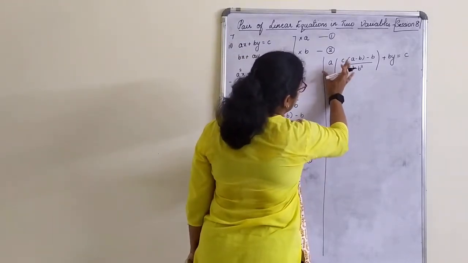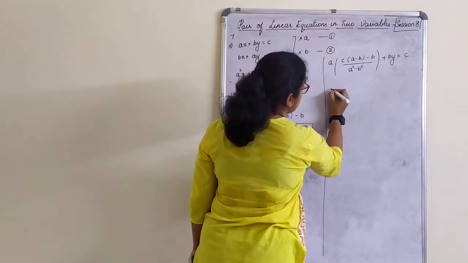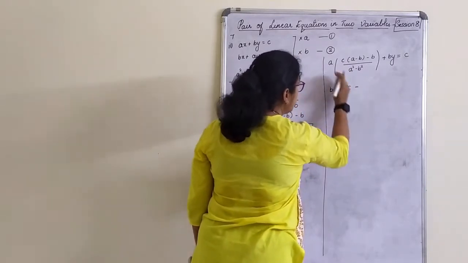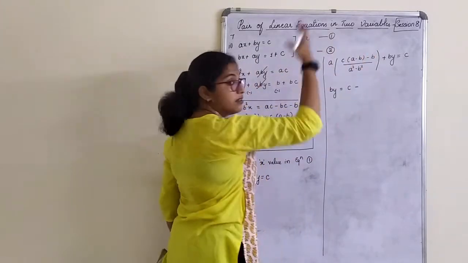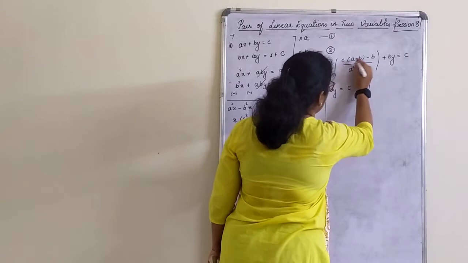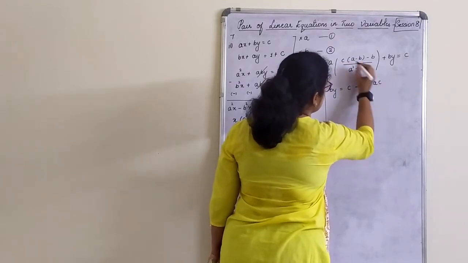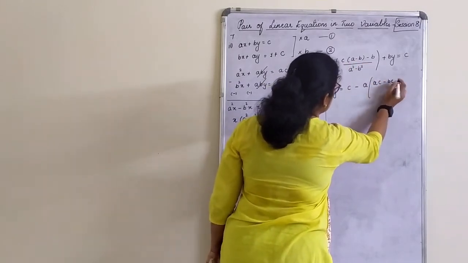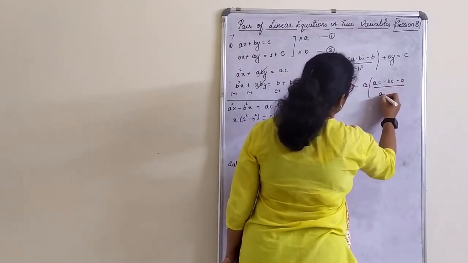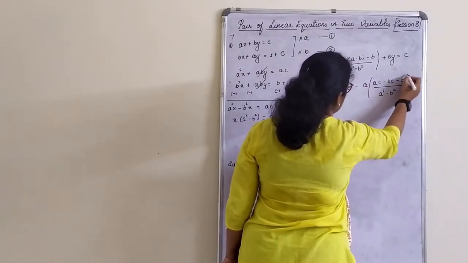Or directly what we can do is transpose it to that side. by is equal to c minus, and we transpose this one term to the other side. Minus a of, I'll multiply this, ac minus bc minus b as it is, divided by a square minus b square.